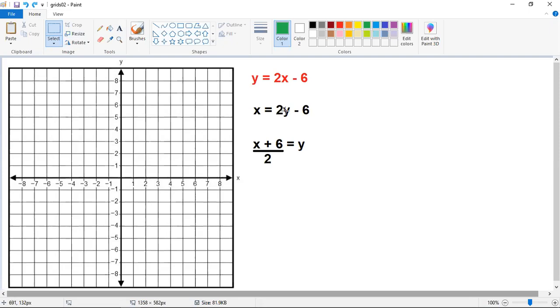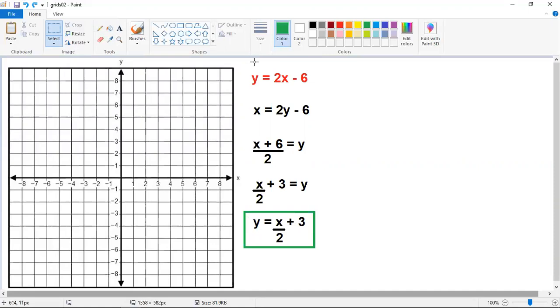The 2 will divide the whole thing. So you've got y is equal to x plus 6 divided by 2. So the 6 can be divided by 2, which is 3. X is with the 1, so it retains to be x over 2. So the inverse function is y is equal to x over 2 plus 3.